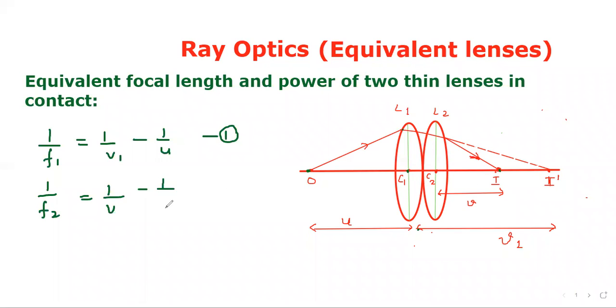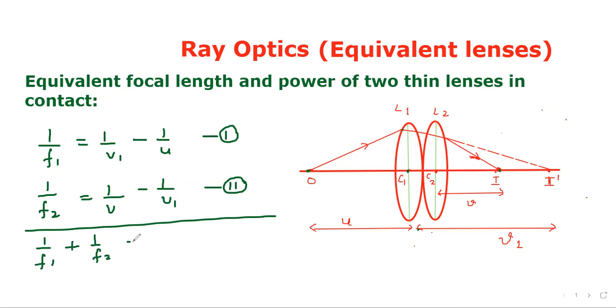So the object distance will be V1. So equation number 2. Now adding 1 and 2, we will get 1 upon F1 plus 1 upon F2 equal to 1 upon V minus 1 upon U, because 1 upon V1 will cancel out.